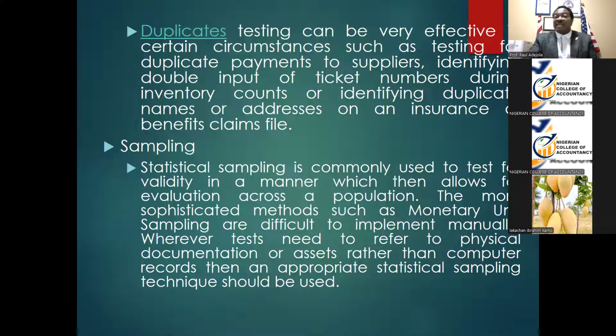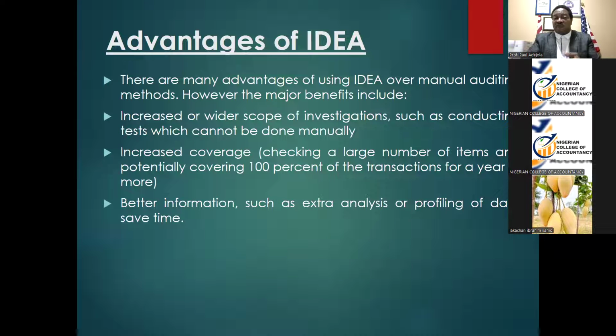Sampling. Statistical sampling is commonly used to test for validity in a manner which allows for evaluation across a population. So IDEA also has provision for sampling. But what we are saying is that with IDEA, you can decide to sample the entire population. Advantages of IDEA: many advantages accrue to the use of IDEA. The major benefits include a wider scope of investigation, such as conducting tests which cannot be done manually.